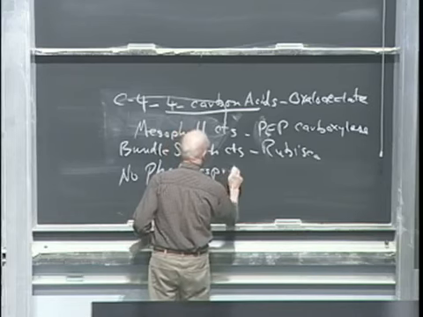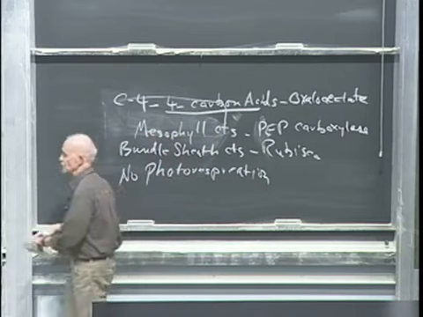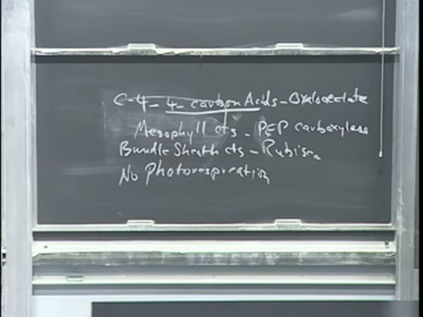So they have a big advantage in that regard over C3 plants, which are losing half of their carbon as CO2. Of course, there's a problem. You know, nothing is free in life, right? In order for this cycling, this interaction between these two cell types to occur, you have to take your C3 product formed in the bundle sheath cell and move it back to the mesophyll cell.